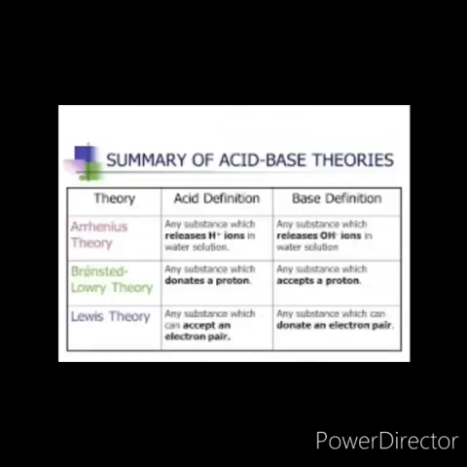In this, an acid is an H+ donor, meaning a proton donor, and a base is an H+ acceptor, meaning a proton acceptor. The third theory is the Lewis theory, in which the acid accepts an electron pair and the base donates a shared pair of electrons.